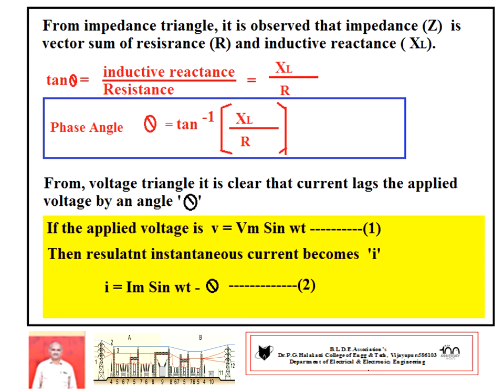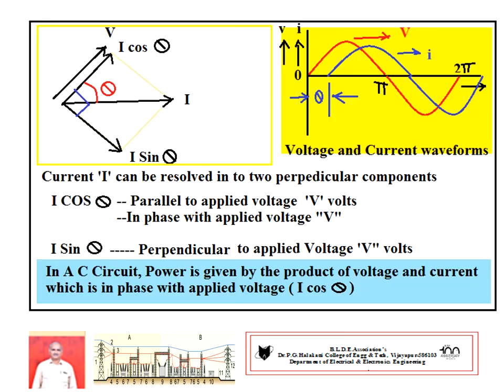This current becomes I equal to Im sin(omega t minus theta). Hence, this current lags the applied voltage by an angle theta. Theta is above 0, less than 90 degrees. Next part: if they ask for the derivation, you stop up to here, and the question continues.